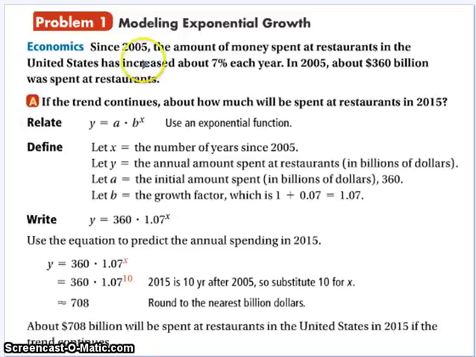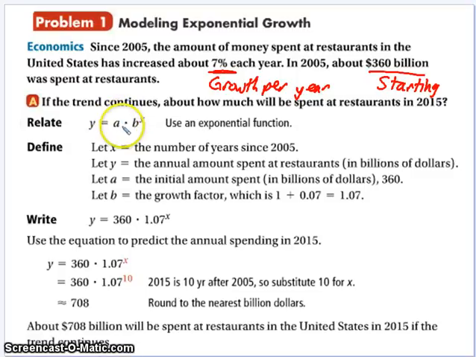Since 2005, the amount of money spent at restaurants in the United States has increased by 7%. So this right here is the growth per year. And in 2005, this is the starting. A represents the value we start with, so $360 or 360 billion.